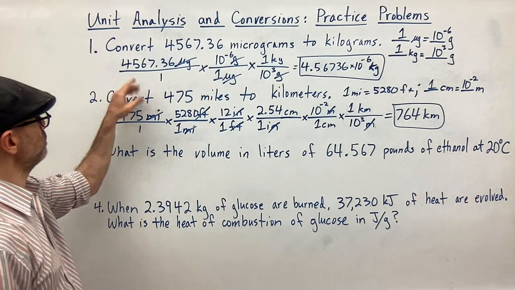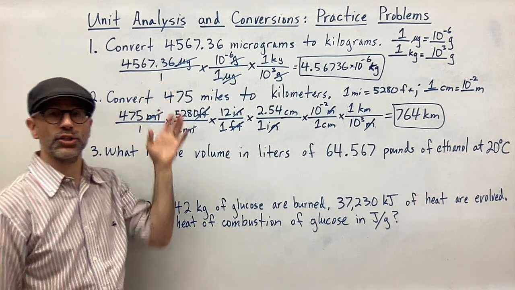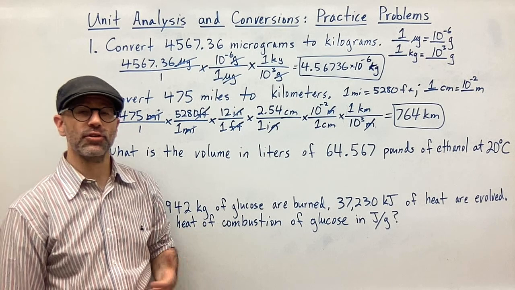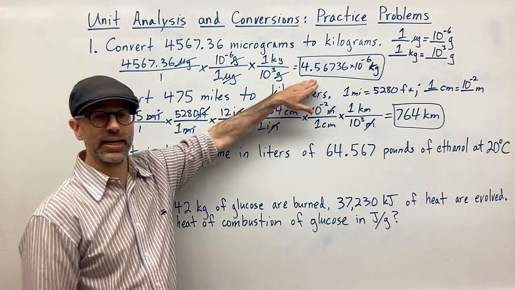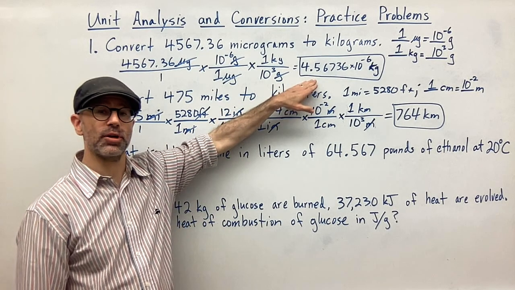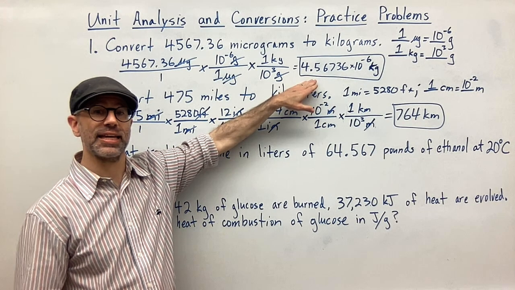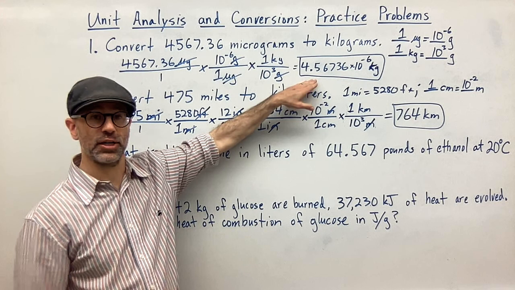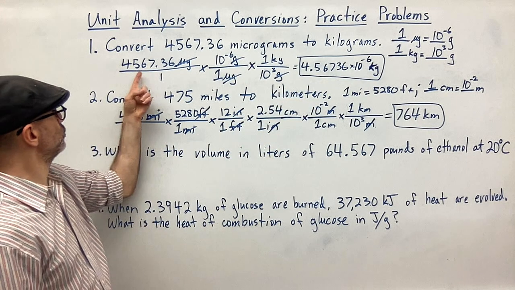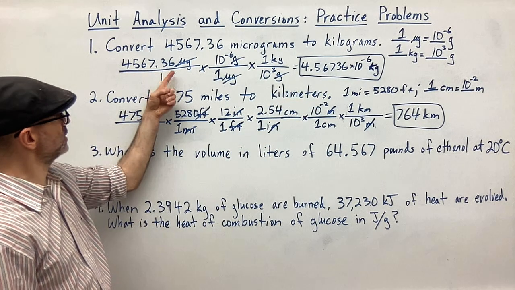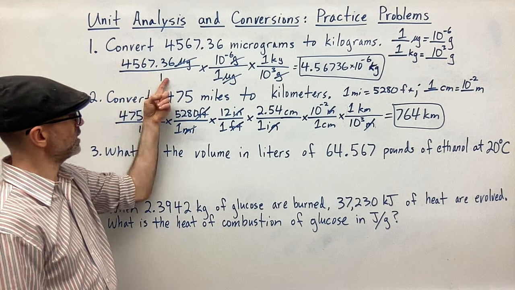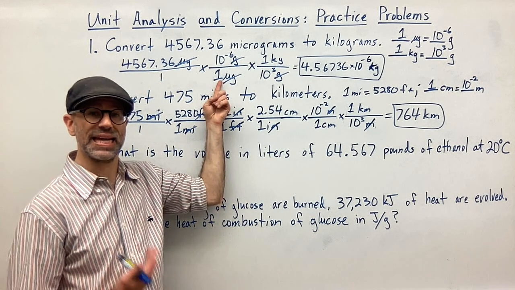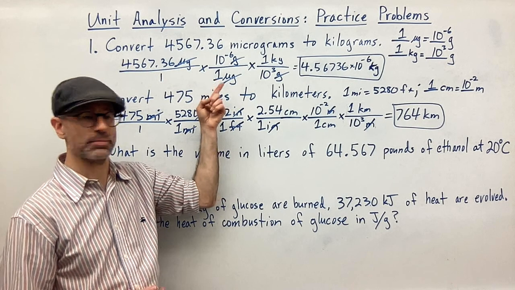So if we go back to this problem here, remember, according to the rule, when we're doing significant figures, or sig figs, the answer that we get must have the same number of significant figures as the inexact measure with the fewest significant figures. So here we have 1, 2, 3, 4, 5, 6, right? We have 6 there. Now, the key is that we want to use inexact measures, not exact measures.